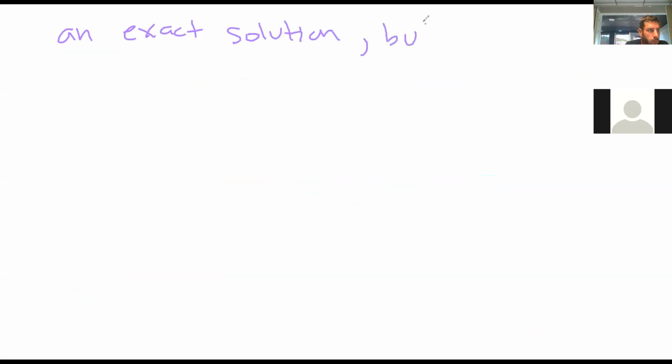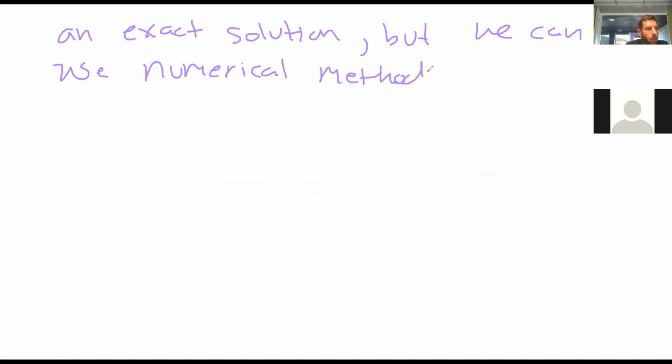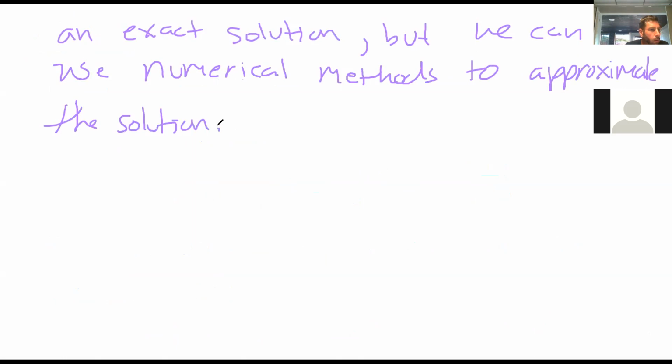But we can use numerical methods to approximate the solution. And this is what happened when we got to this point, we said, okay, there's a couple things that we can do.